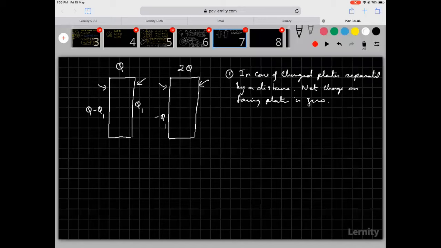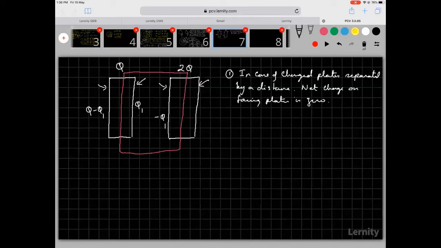Why is it 0? Because if I draw a Gaussian surface like this, total charge inside must be 0. So if there is Q1 here, minus Q1. Okay, so that is the logic. Okay, we have done it.